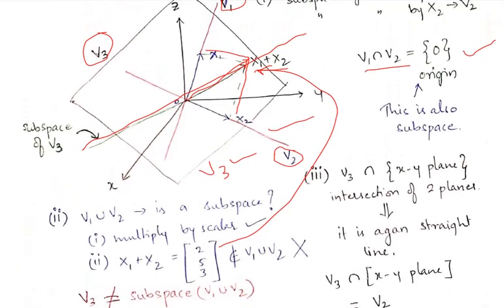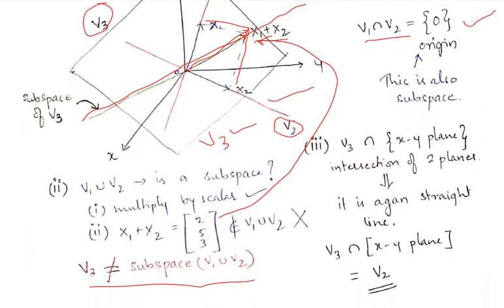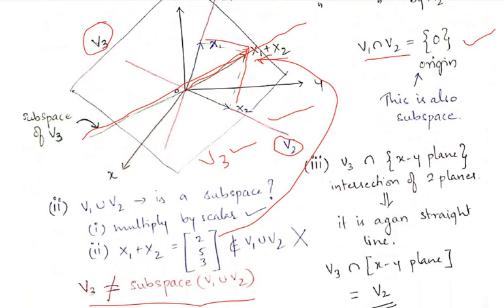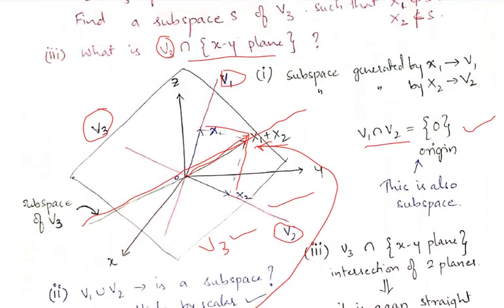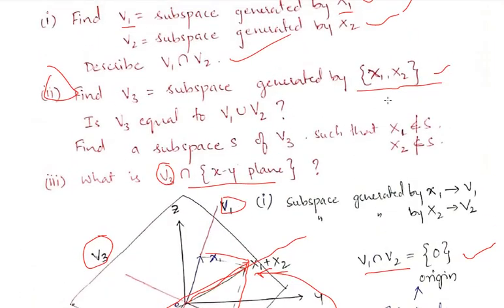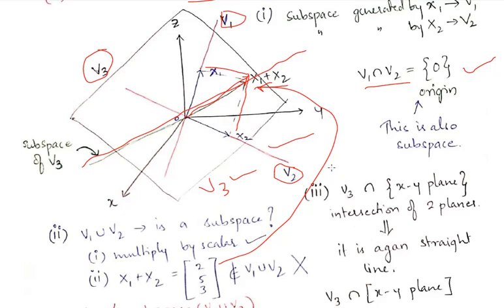But V3 consists of both the vectors V1 and V2, correct? What I told you: V3 is a subspace generated by X1 and X2, meaning it is the plane which will consist of both X1 and X2, correct? So V3 consists of V1, V2.